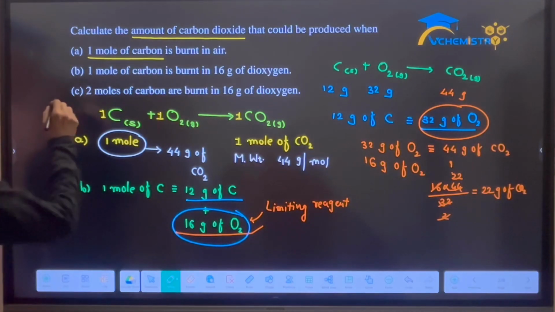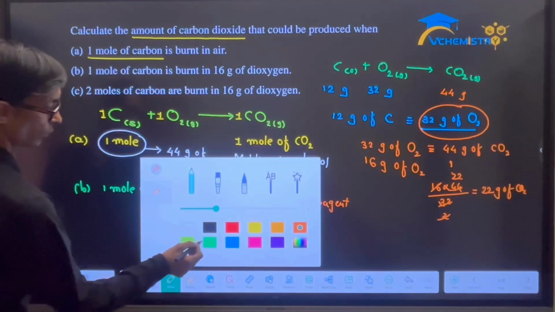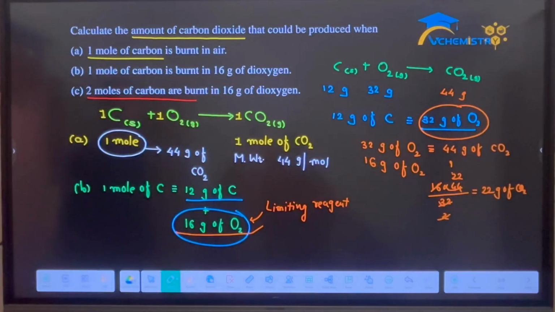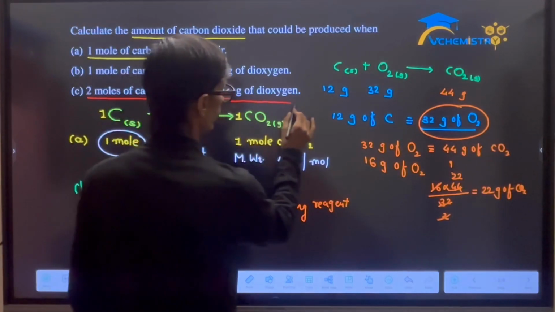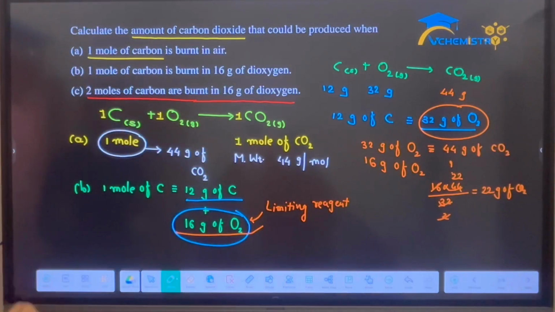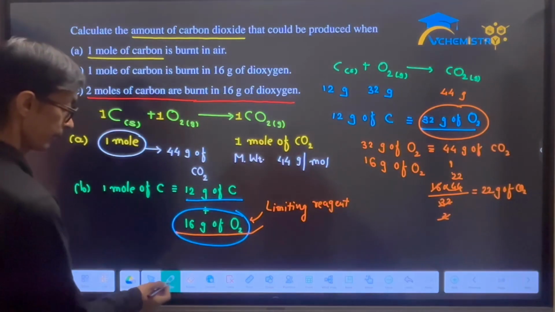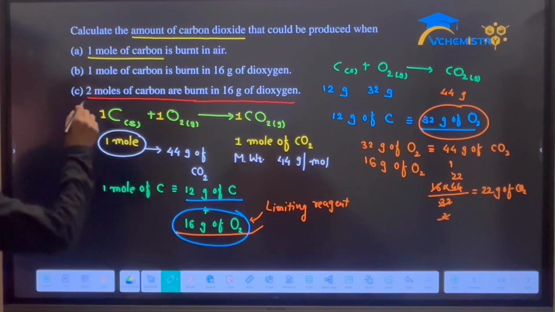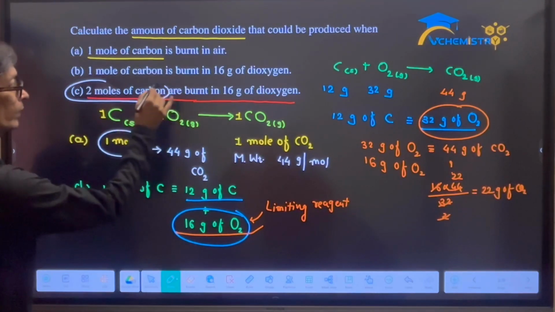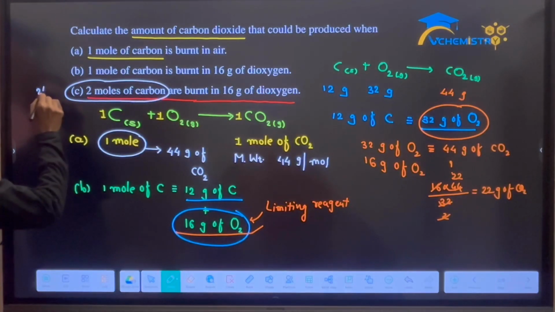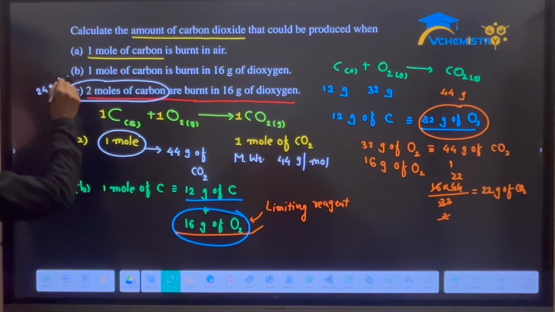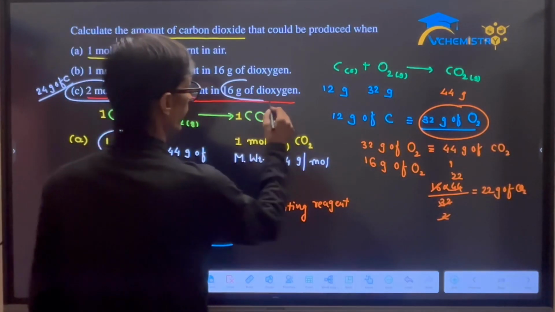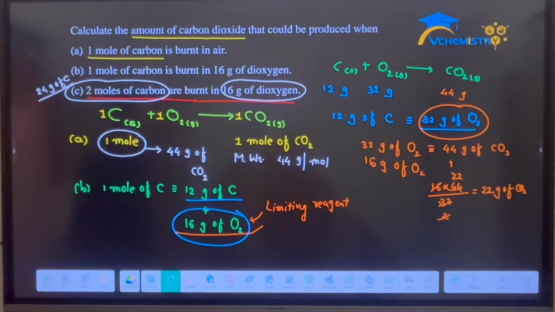Third question: 2 moles of carbon are burned in 16 gram of dioxygen. Once again we need to write the ideal statement. See here, according to the ideal statement, 2 moles of carbon, that means 24 gram of carbon, is given, and we have only 16 gram of dioxygen.